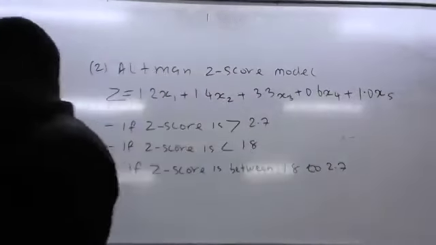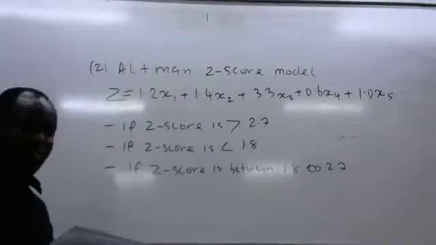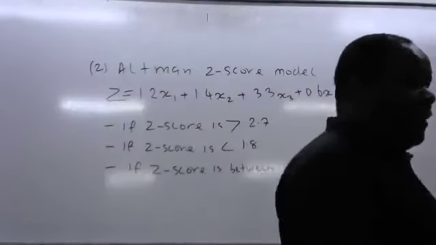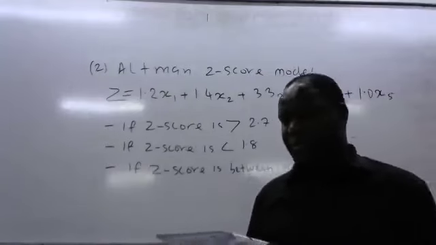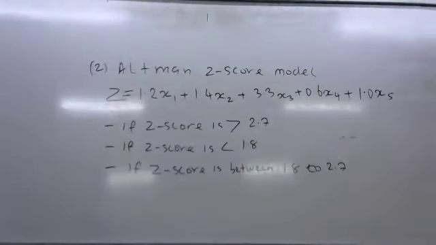Then they also say that in this model, a Z-score of 2.7 or more indicates no signs of failure, but a Z-score of 1.8 or less indicates that there are signs of failure.